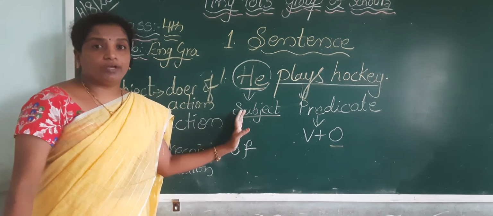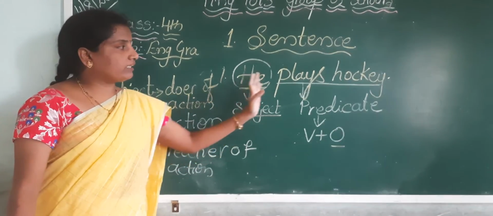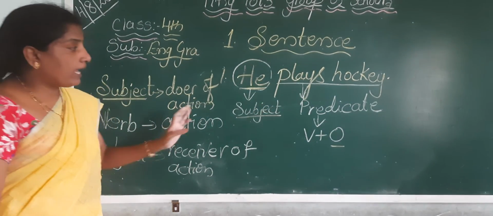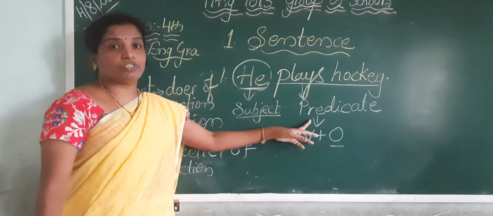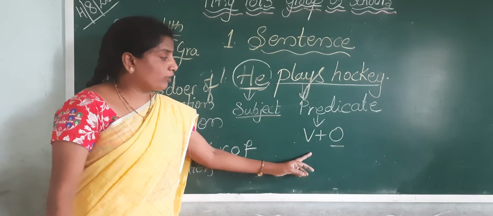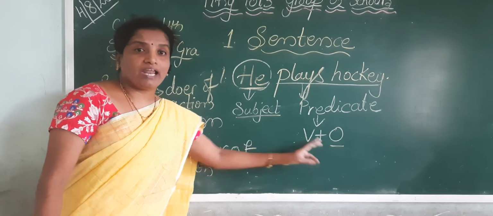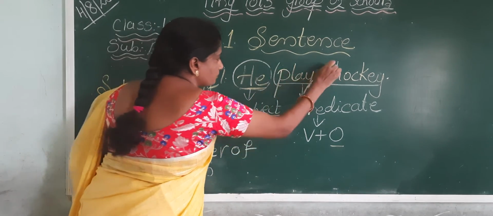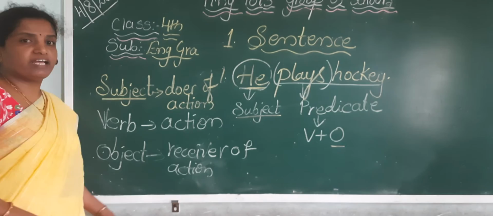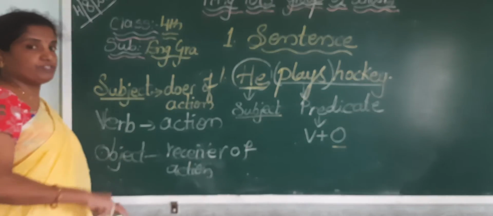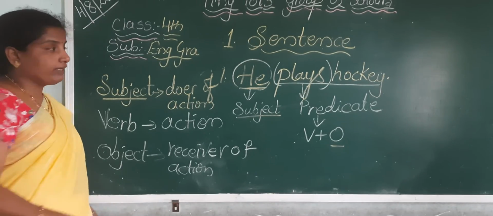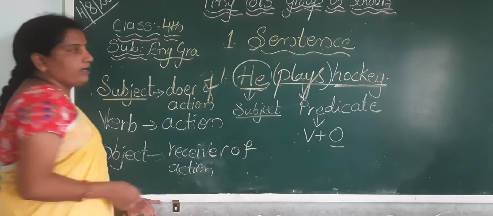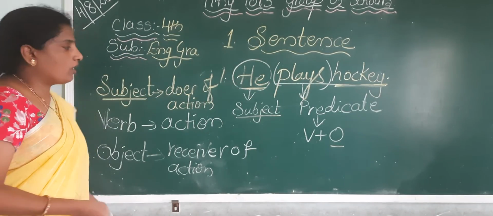Again I have explained to you, children, the predicate includes verb as well as the object. Verb means the word which tells us about the action of the subject, and the remaining part is known as the object.